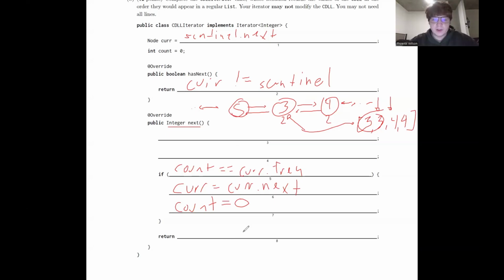Now the rest of the blanks. Even if we exhausted all such elements, we still need to return that last element in the underlying list. So we'll set that element to a variable, we'll call it val, equal to cur.val.